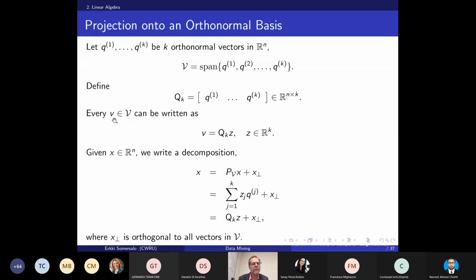And so if I have a vector v, which is in the span of those orthonormal vectors, then by definition, this v is a linear combination of the columns. That's the very definition. And so then we saw that if you take a matrix vector product, the outcome is a linear combination of the columns. So therefore, I know that every vector which is in the span of Q1 to Qk is a product of Qk times a vector z, where z is some vector with k components. z is in Rk.